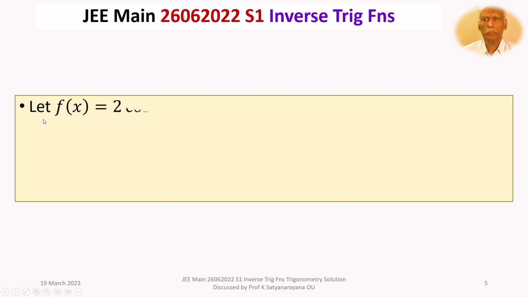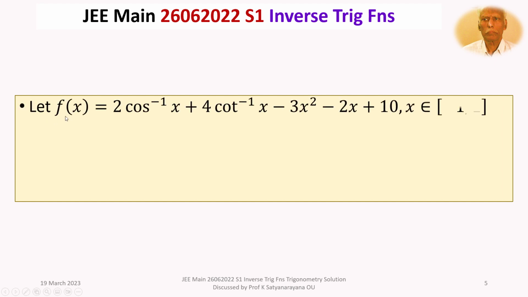The given question is, let f of x is equal to 2 cos inverse x plus 4 cot inverse x minus 3x square minus 2x plus 10, where x belongs to the closed interval minus 1 to plus 1.